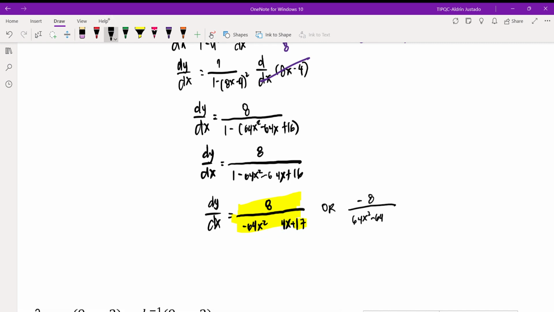So, minus 64x, so ito, this becomes plus 64x minus 17. Either of the two will do. Tama yung answer nila. Okay? Mamili na lang kayo.